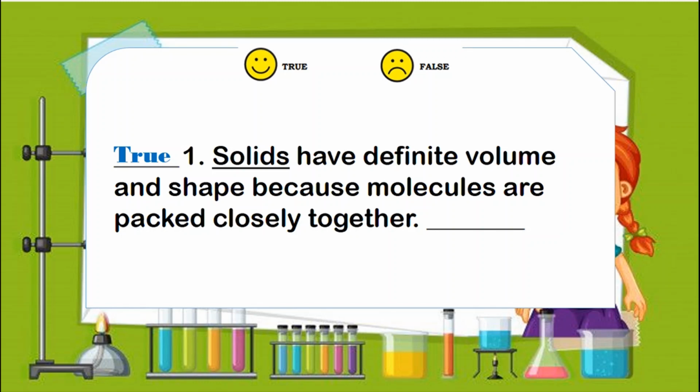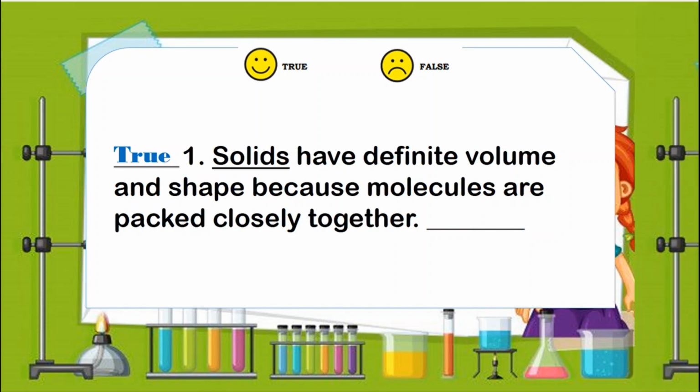Ang sulatan lang nara sa blank, correct ninyo kay kanang false nga answer. Okay, the answer for this question number 1 is true. Okay, ang solids kay naa jud na siya definite shape and volume. Kay ang molecules ana kay dikit-dikit, packed closely together.